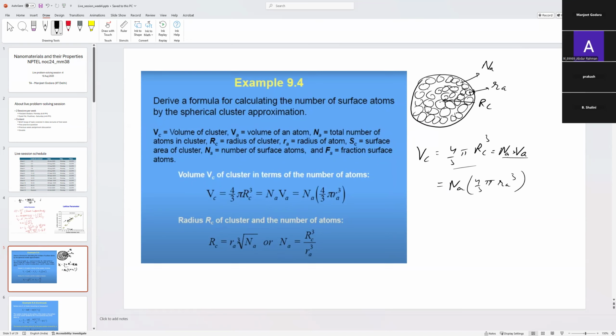If you compare both sides, 4 by 3 pi RC cubed is equal to Na times 4 by 3 pi RA cubed. 4 by 3 pi cancels on both sides, and you're left with Na equals RC cubed divided by RA cubed. This is how you get this value.